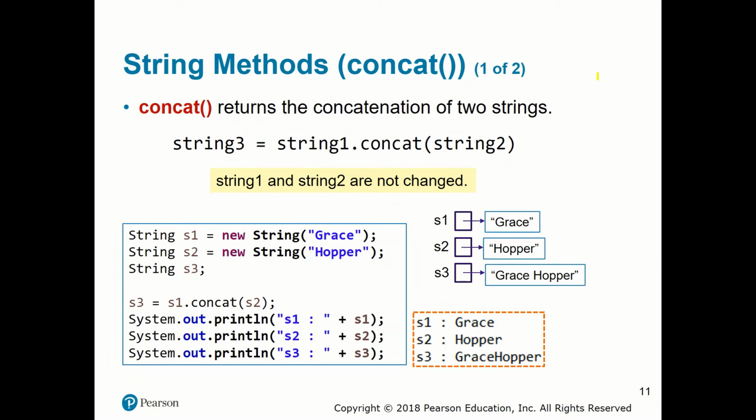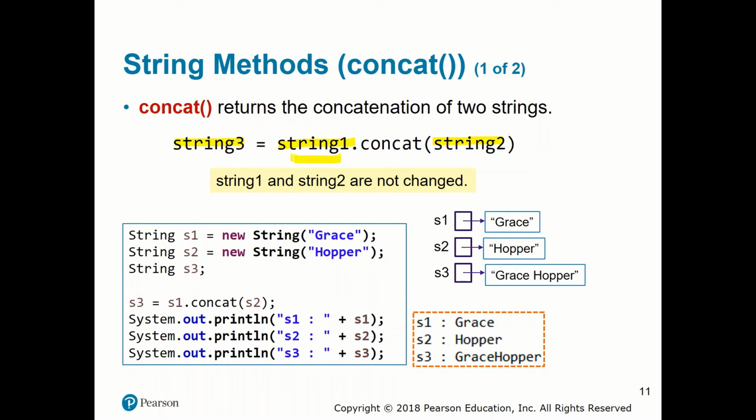I'll talk about the concat method. Concat returns the concatenation of two strings. We need to use the concat method like this. Here string 1, string 2, and string 3 are all string objects. The concat method creates a new string that concatenates string 1 and 2, and string 3 points to it.